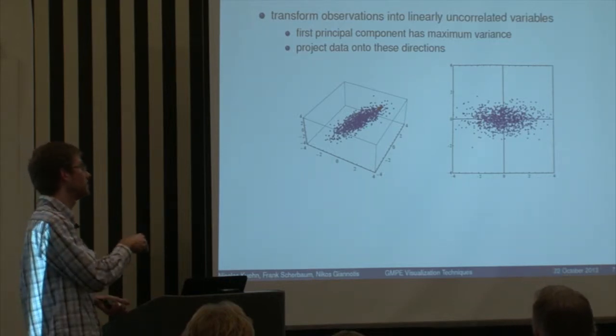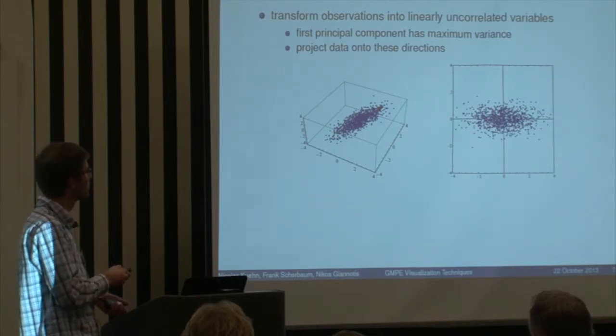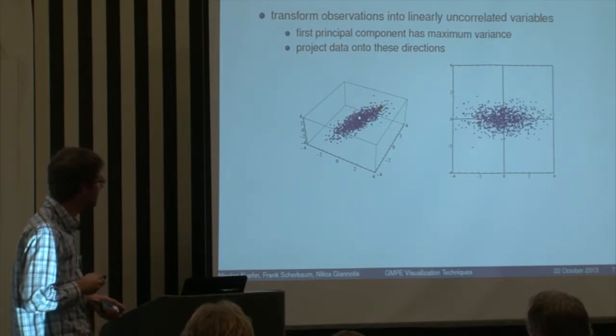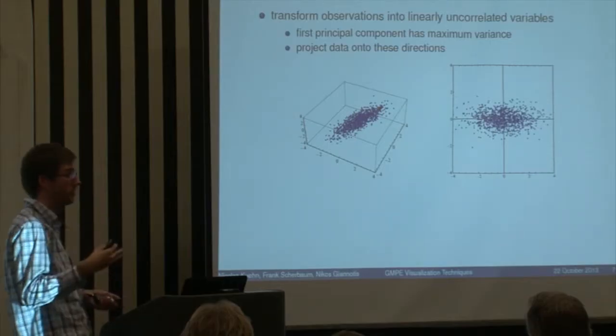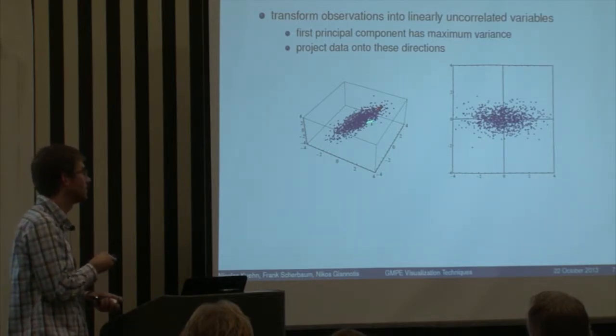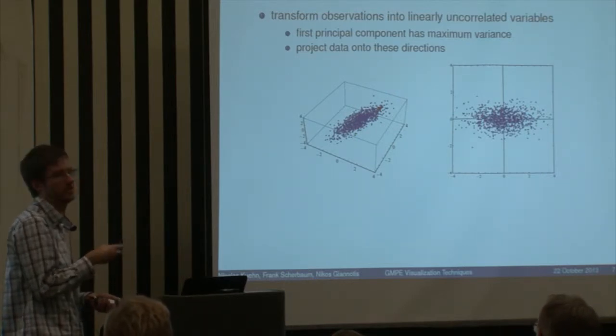And then you again look for the direction which maximizes the variance, which would be in this direction. And then the second principal component is then the orthogonal direction, which maximizes the variance, which goes in this direction. And then the third principal component, in this case, would actually be 0, because we actually have taken care of all the variance in the data that we have.